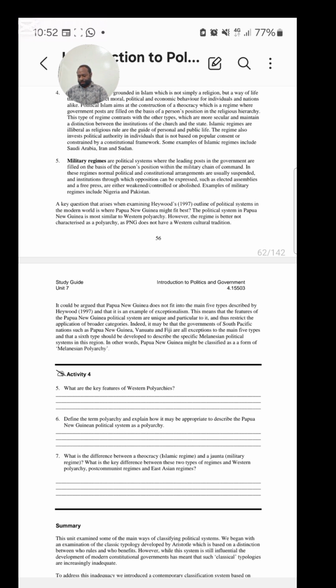Okay. So here you can use these types of the five basic regimes or typology to see the kind of country or society a country belongs to.